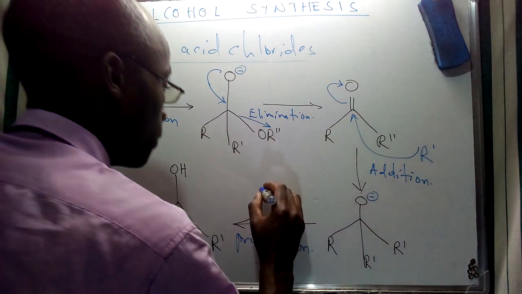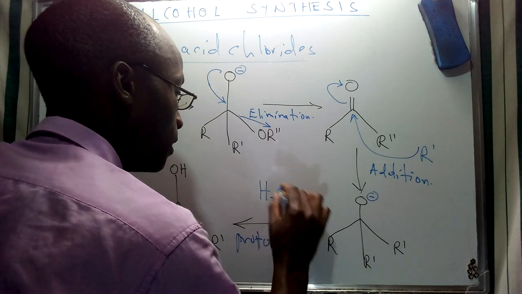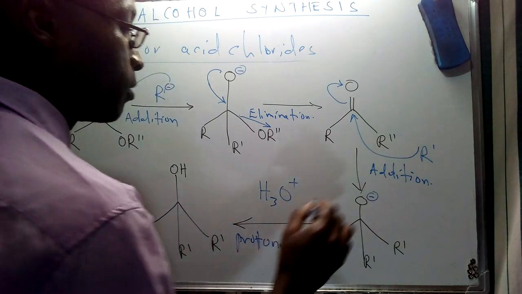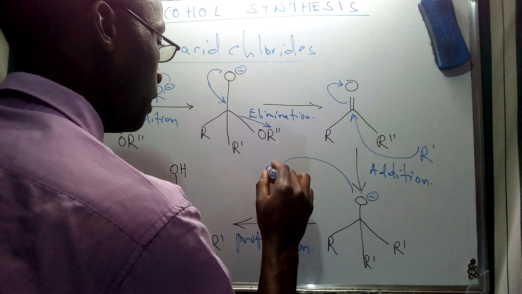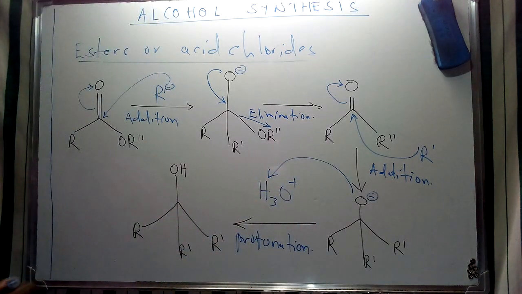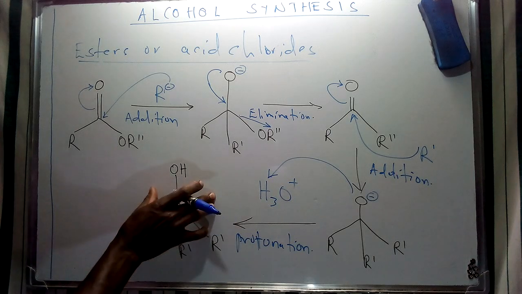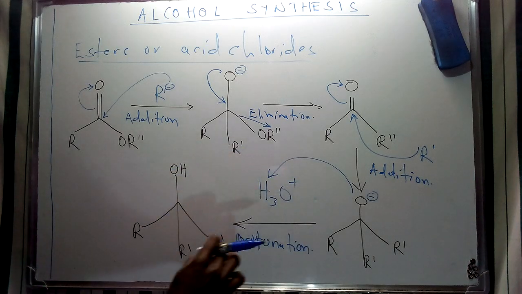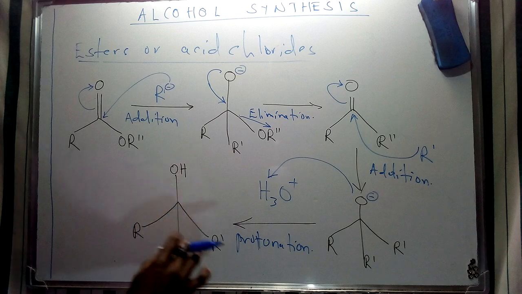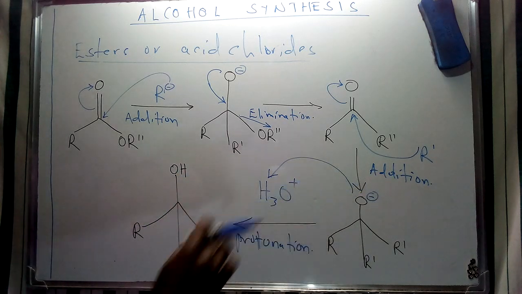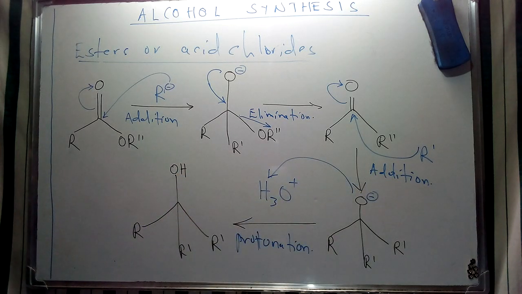And then we have protonation, which is the last bit of it as we had given. Therefore, this is going to pick a proton from the hydronium ion, and this is going to result in the formation. I presume that we have discussed in various videos how this hydronium ion is going to react with this O group, and this is going to lead to the formation of an alcohol as a product at this specific point.